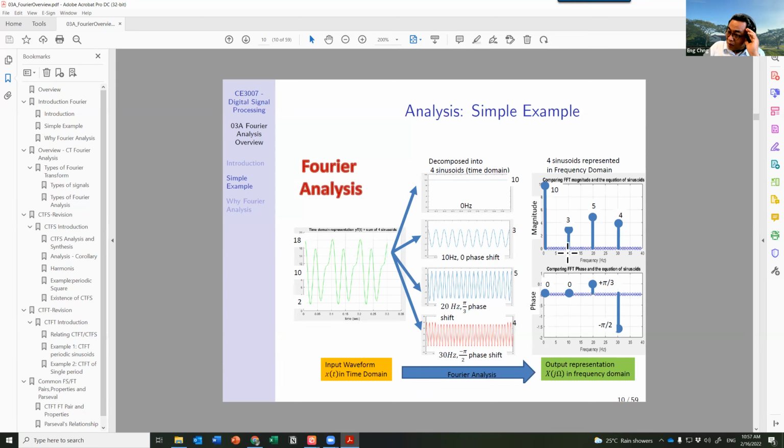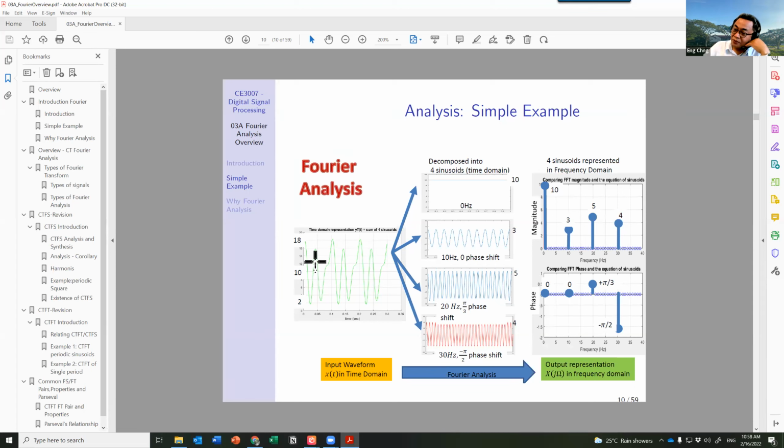This guy, at 10 hertz, has amplitude 3. So we have 10 hertz, this is continuous time, amplitude 3, and a phase shift of 0. Do you see this is a cosine? And so on and so forth. And then when we add all of them up, it's this guy.